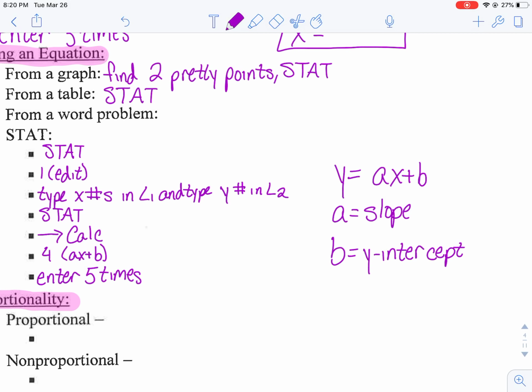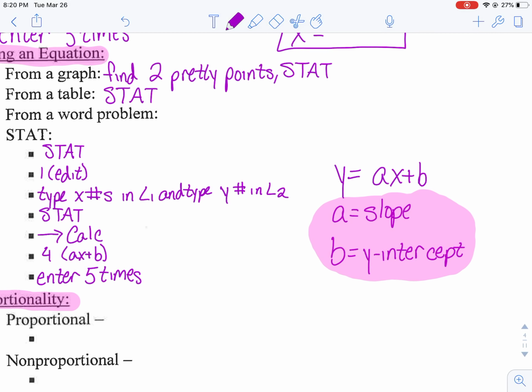Okay, at the end of today's lesson, you're going to have some questions specifically that ask you to find slope and to find y-intercept, because that is huge in this section. Okay, we have to remember that our a is our slope, our b is our y-intercept.